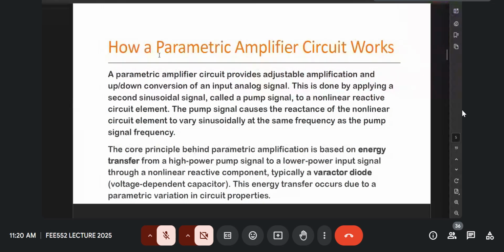We'll see that in the next slides. We will try to achieve resonance, and at resonance there will be that exchange of energy between the two signals, resulting in an amplified signal.